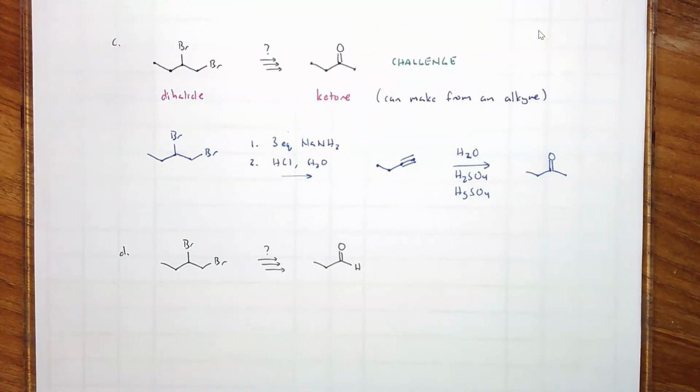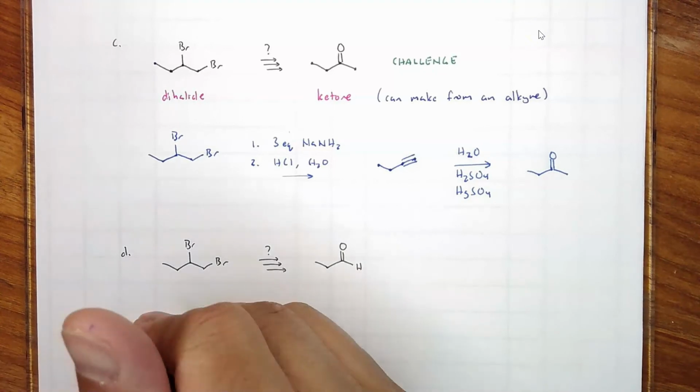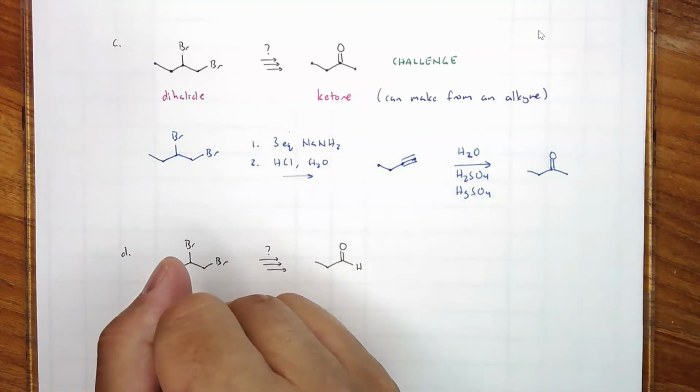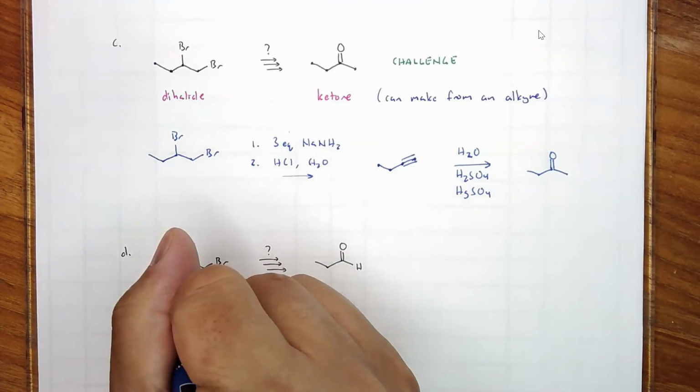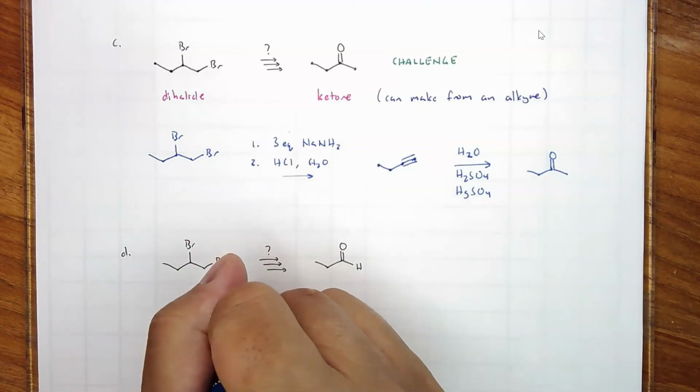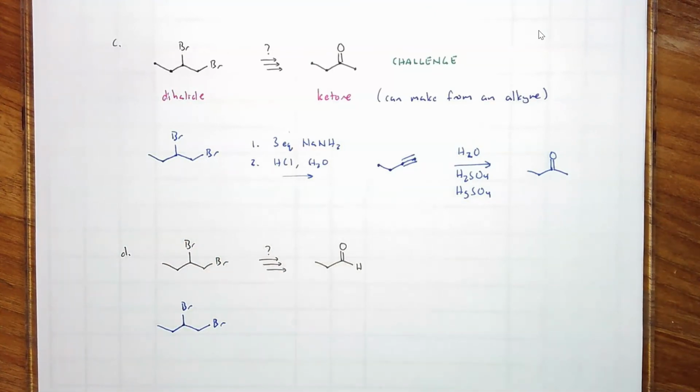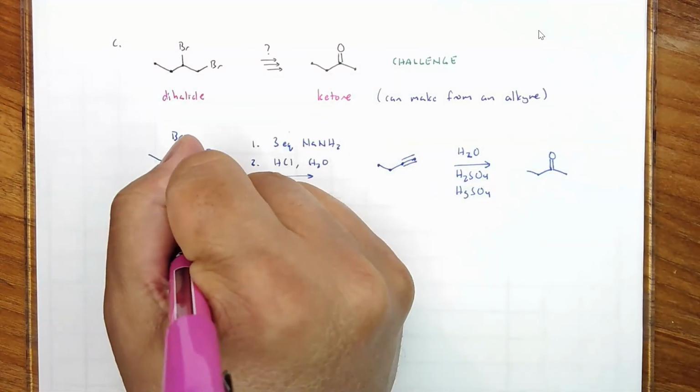Let me show you how to do this example. I consider this also another classic example. We've seen an example in this video to make a carbon-carbon bond, but now it looks like we have to break a carbon-carbon bond. This is C3, this is C4.